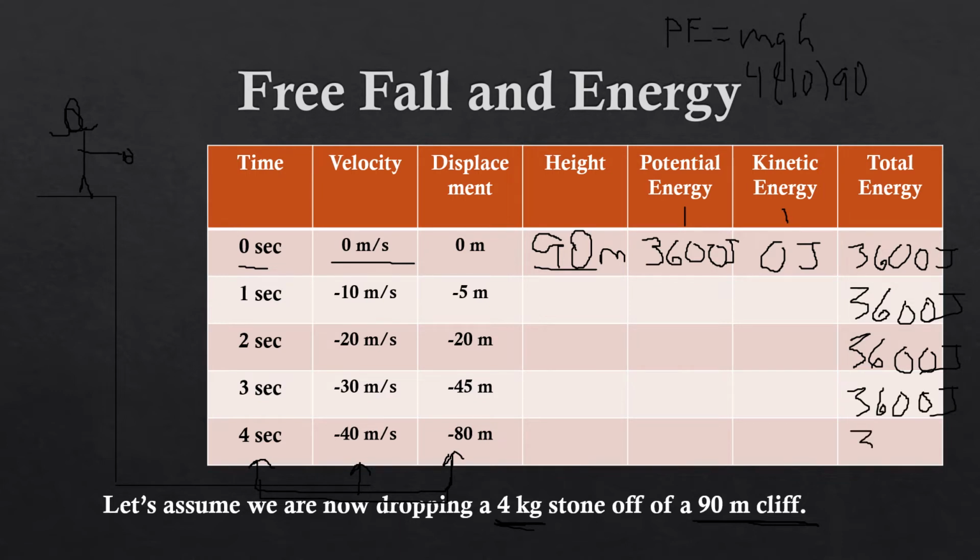So there are many, many ways you can solve this problem. I know that the potential energy is going to be going down and the kinetic energy is going to be going up. I know that PE plus KE for this problem will always equal 3,600. So there are a couple of ways you can do this.